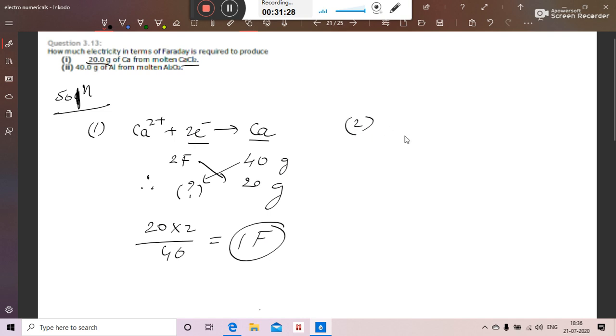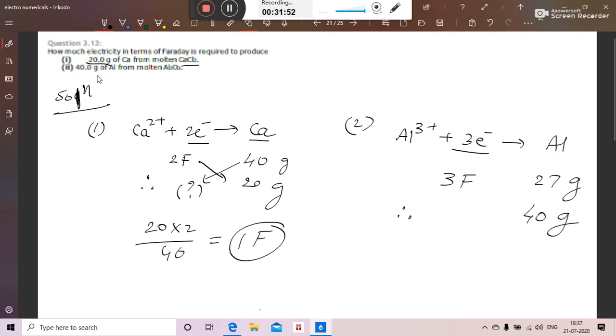Now in number 2, from molten alumina, it contains Al3 plus. So it will require 3 moles of electrons to form Al. Now atomic mass of aluminium is 27. So molar mass of aluminium is 27 gram. So 3 Faraday electricity is required to produce 27 gram of aluminium. Now here we have to produce 40 gram aluminium.